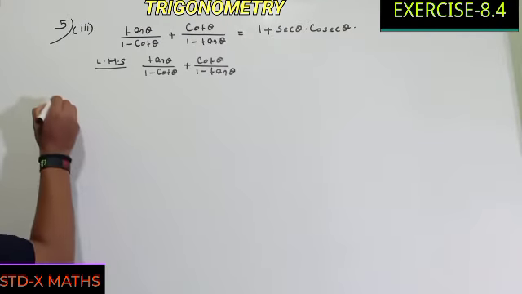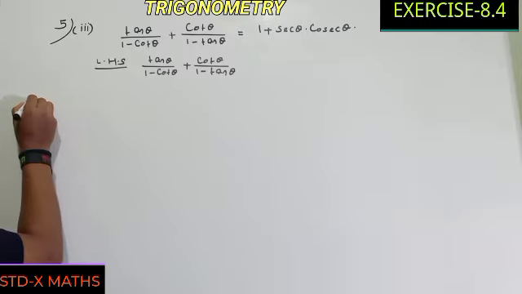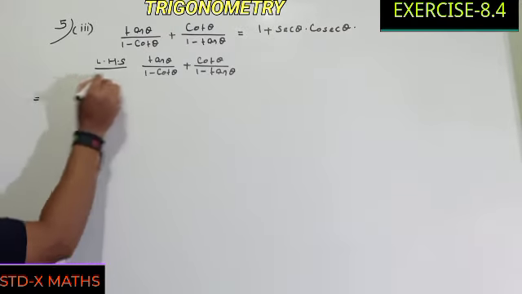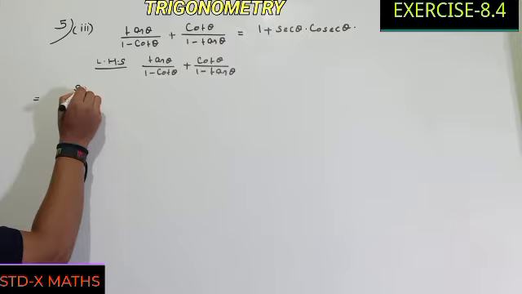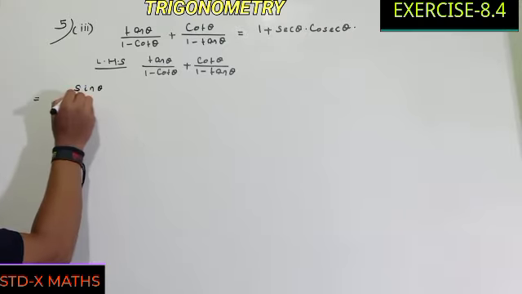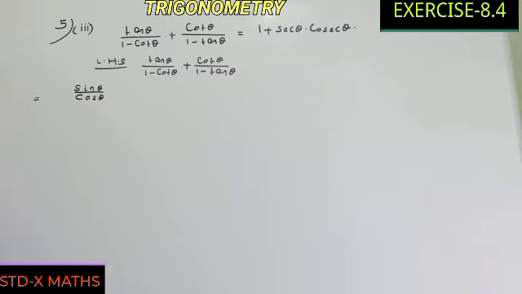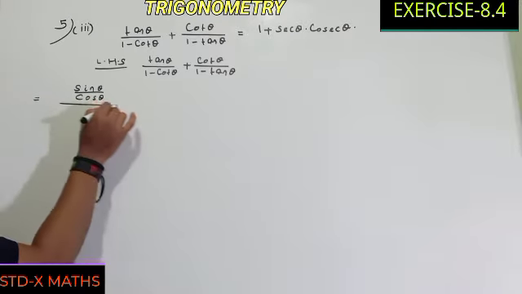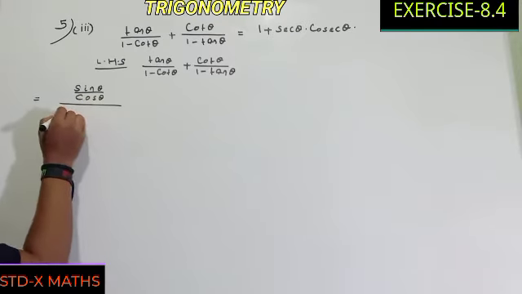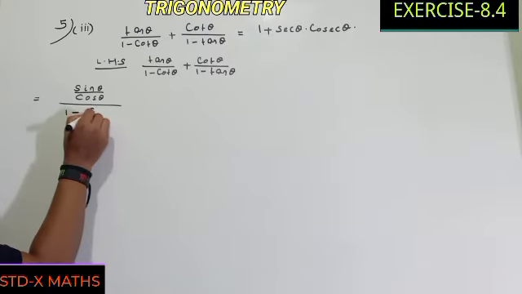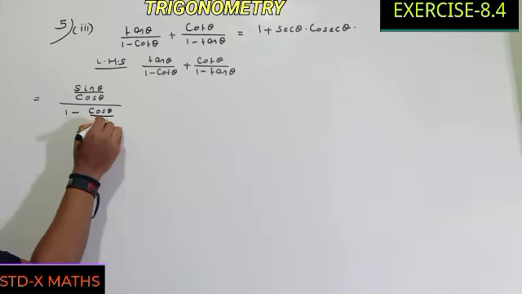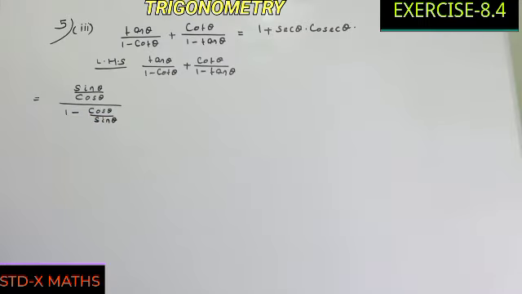So I am converting, see carefully, like this. Where you get tan, in place of tan I write sine theta divided by cos theta, and below, 1 minus cot theta, meaning 1 minus cos theta divided by sin theta.